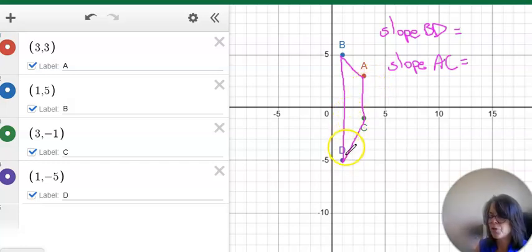So when you find the slope of a vertical line, let's start at D, you go up, in this case 10, right? All right, that's our rise, up 10. But then we don't run, do we? We're there. We don't go anywhere. It turns out that vertical lines have a slope that we call undefined.